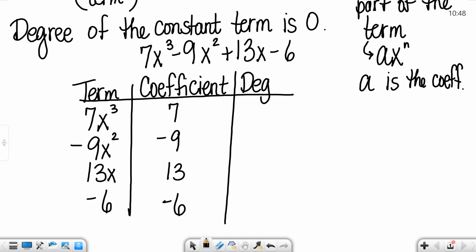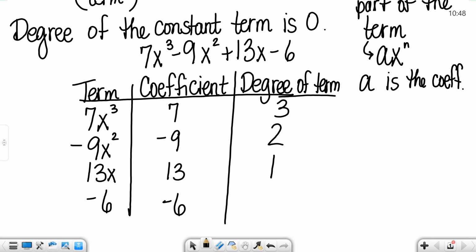And then we're going to look at the degree of each term. Remember I said the degree was the exponent, the n value. So for this first term, our degree is 3. Here it is 2.